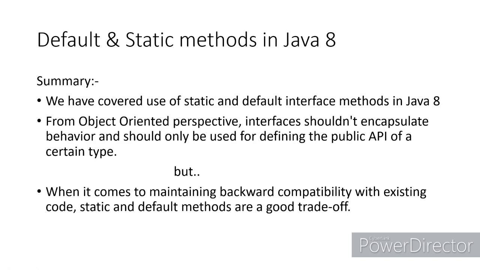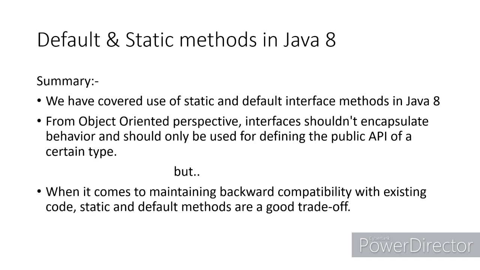Our code will no longer be backward compatible, and it's going to create huge problems for us. The entire thing you have to modify, then compile, test, redeploy. The entire cycle is going to run again, and it's going to take a lot of time.